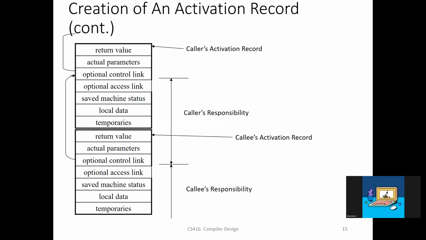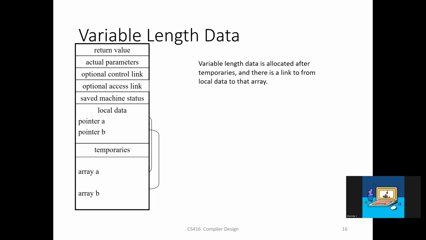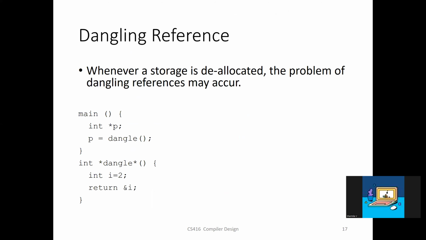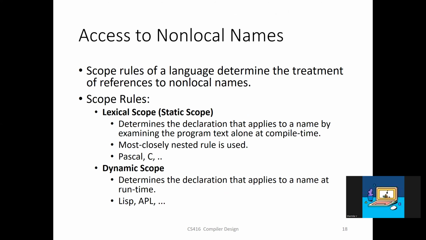This is the creation of the activation record. They gave an example of the caller's activation record, the caller's responsibility, the callee's responsibility, and the callee's activation record. Variable length depends on execution time, and a small example of a dangling reference is given.